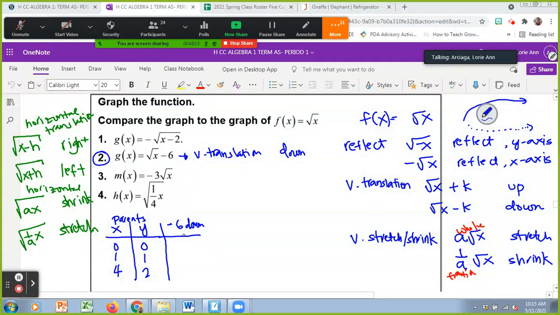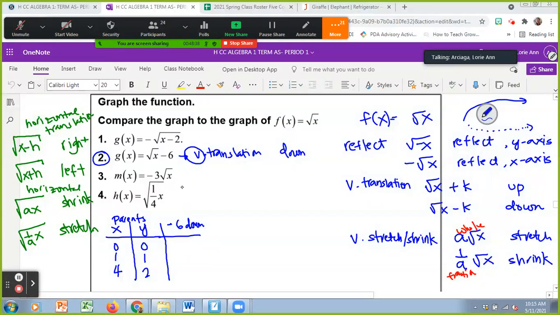So how do you know whether you're going to minus 6 from the x or the y? That's a good question. And I think we should spend some time drilling on that, because if you understand it now, then you would understand the others. How would I know?